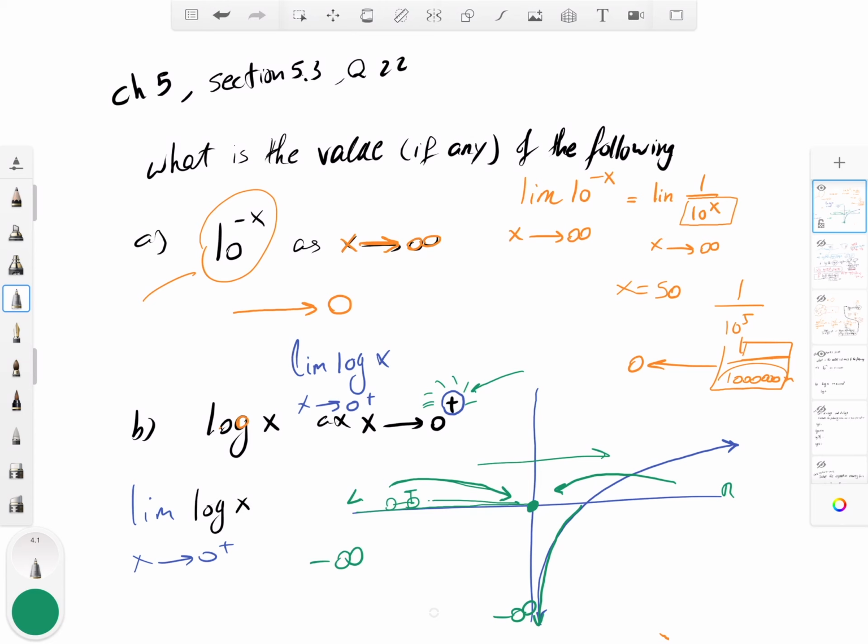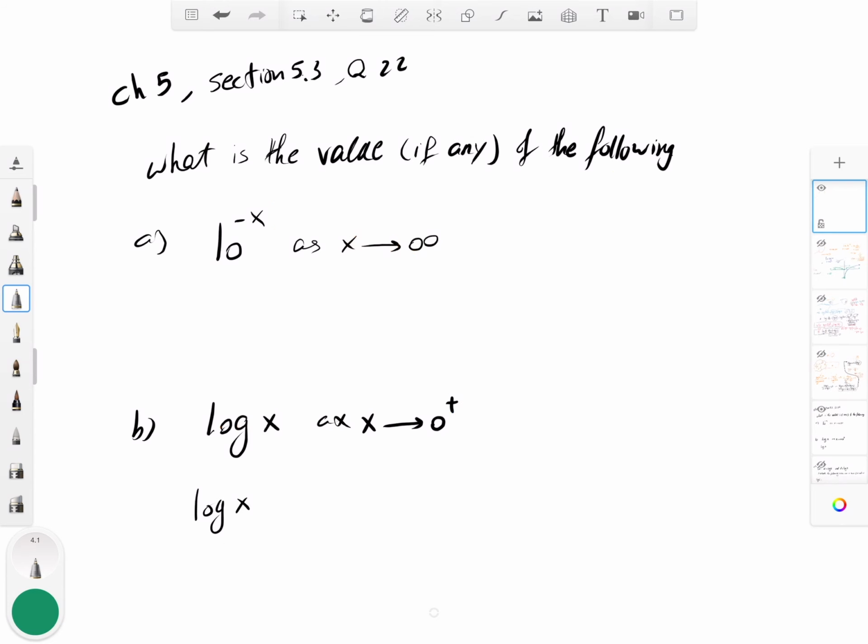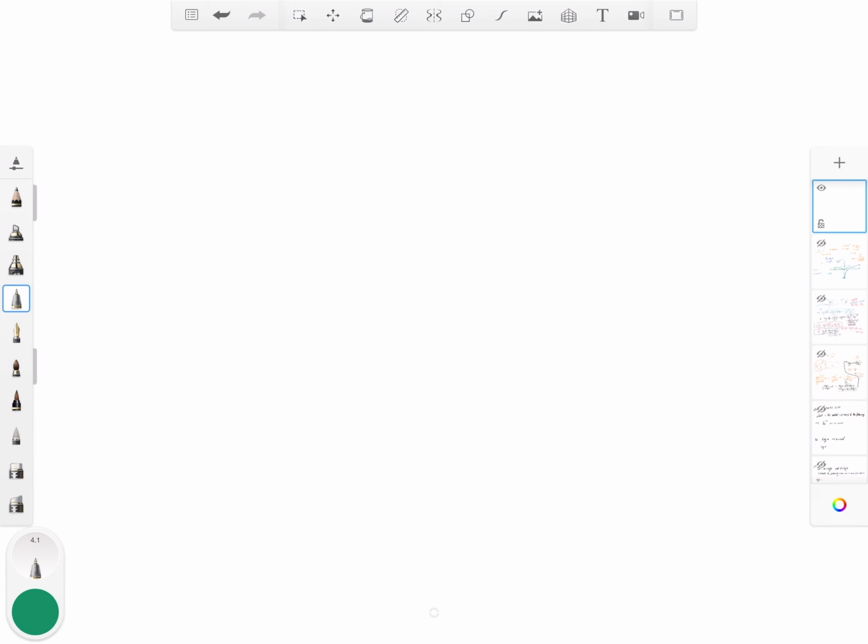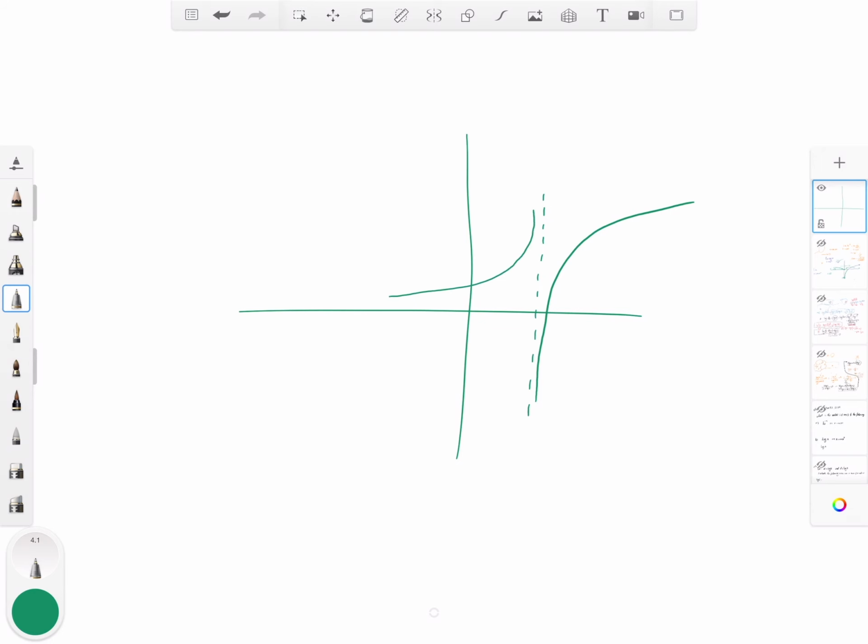So let's have another example of plus and minus. Let's say we have a graph, and the graph happens to be something like that. So this is 5.